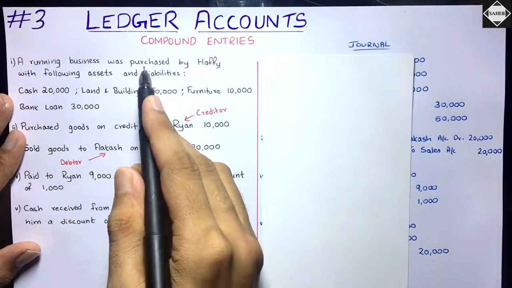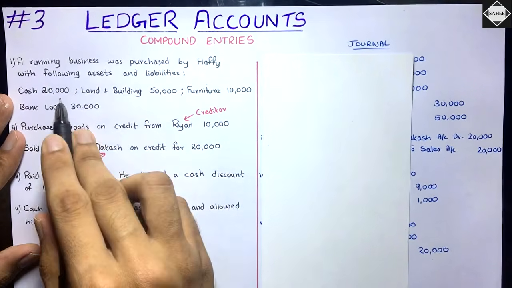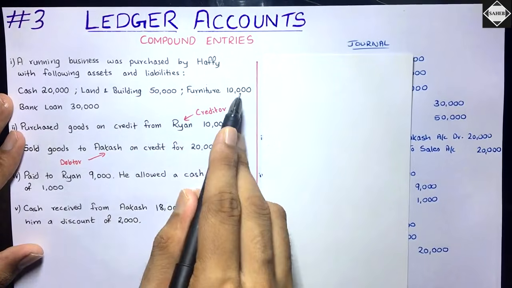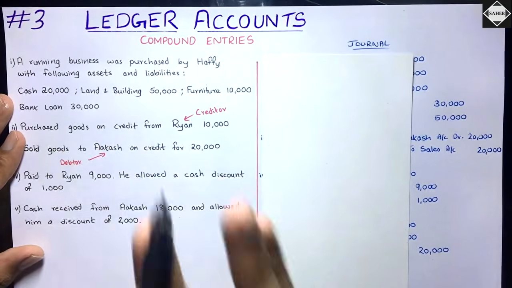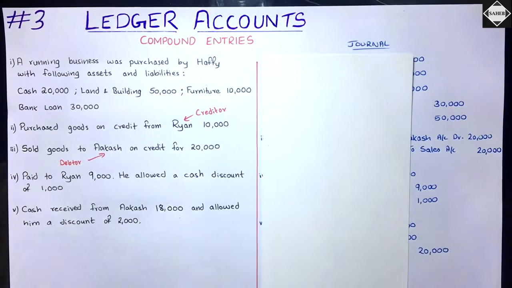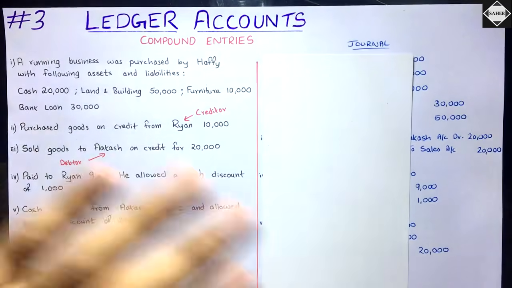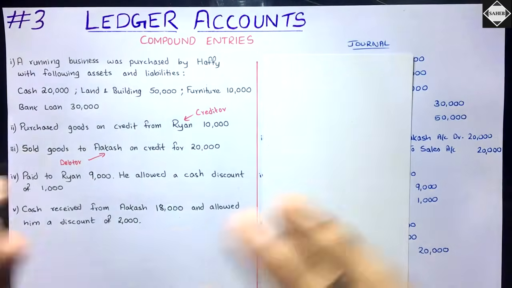A running business was purchased by Hafi with the following assets and liabilities: cash 20,000, land and building 50,000, furniture 10,000, bank loan 30,000. Here Hafi has purchased the business along with its assets and liabilities. Before purchasing, Hafi didn't have anything in his books.